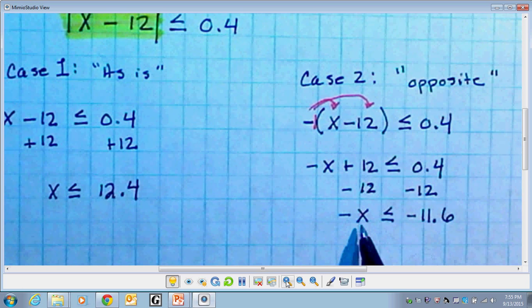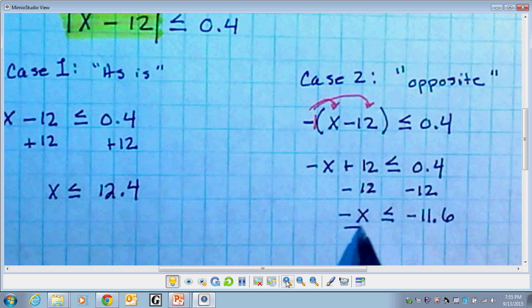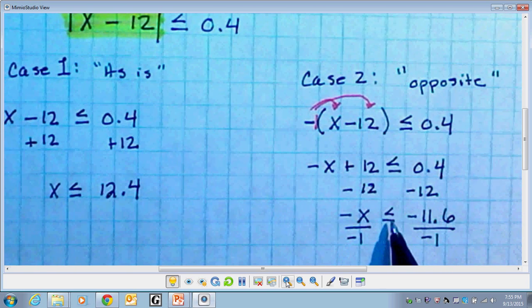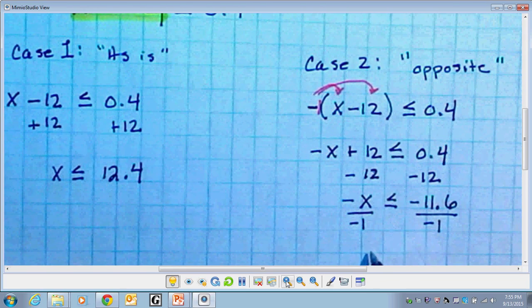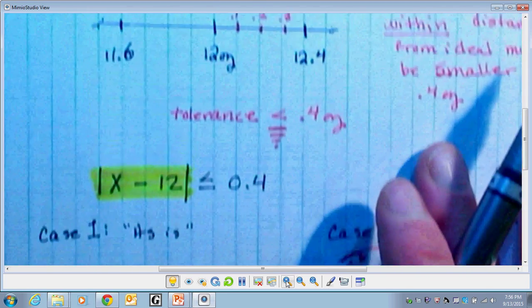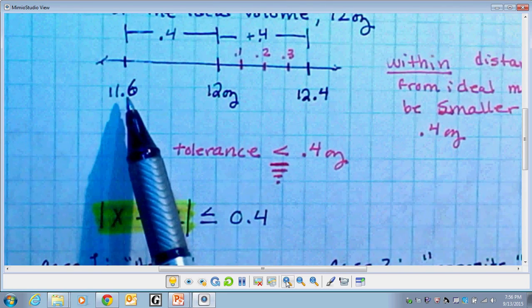So you could either multiply -1 to both sides, or you can divide -1 to both sides. I'm going to go ahead and divide, since that's what most of you are comfortable with. So remember, when I divide by negative, my inequality flips. So this gives me x is greater than or equal to 11.6. So that was my other value. So if we look back up here, what we first talked about, there it is right there.